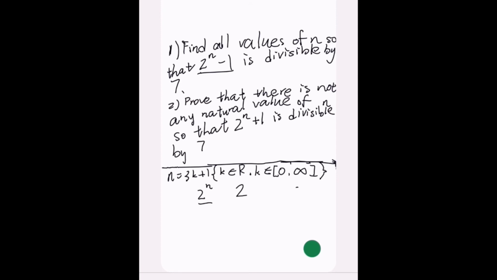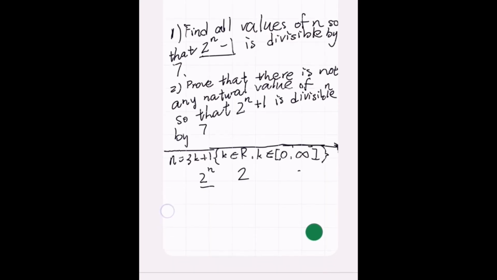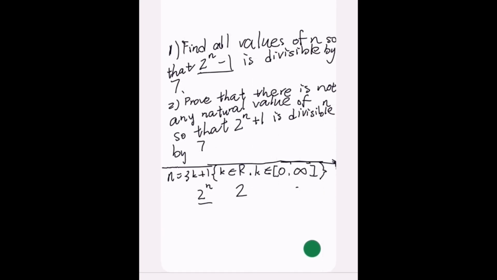So we try when n is equal to 3k plus 1, and then plus 1 again, which means the remainder when 2 to the power of n is divided by 7 is 2, and we add 1. It will have the remainder of 3, which means it's not divisible by 7.